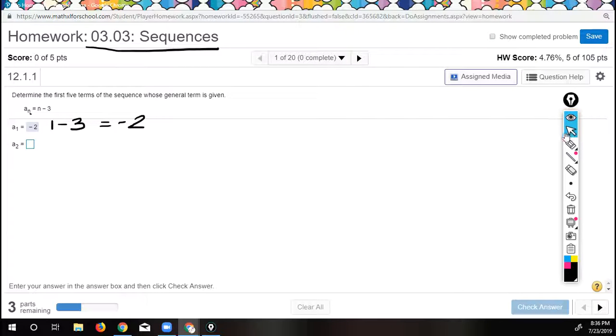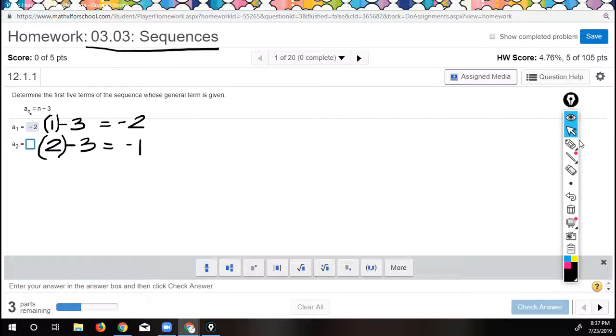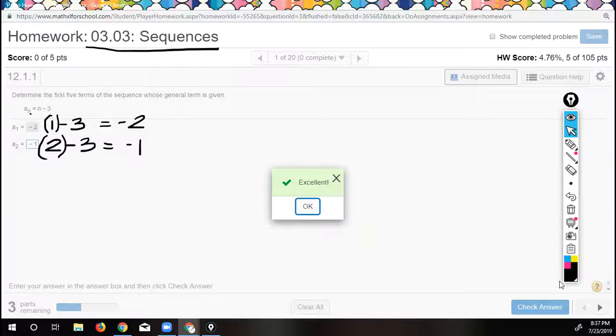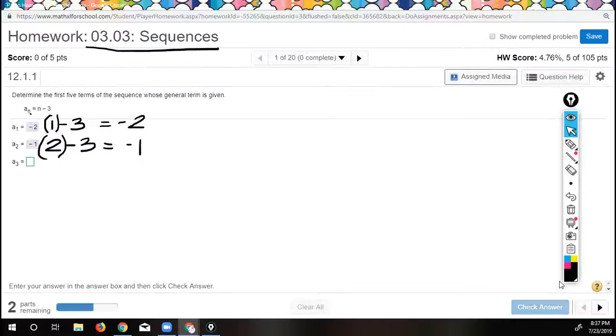Now we're going to try and find a sub 2. So we're going to put 2 in for n in the same sequence. And the numbers that we're plugging in go in for n. So 2 minus 3 is negative 1. So we plug in negative 1, check that answer, and we're good.